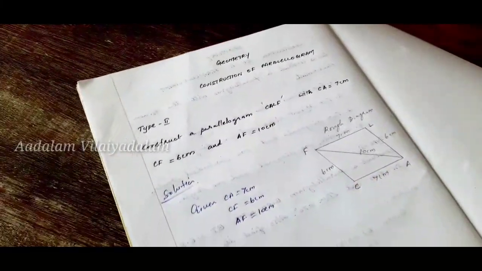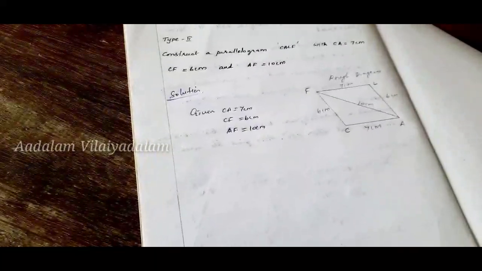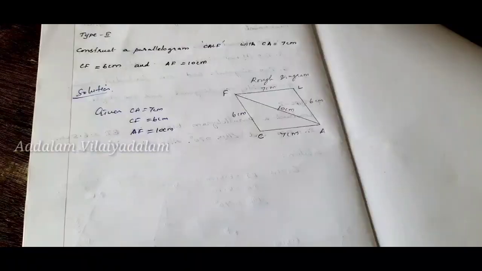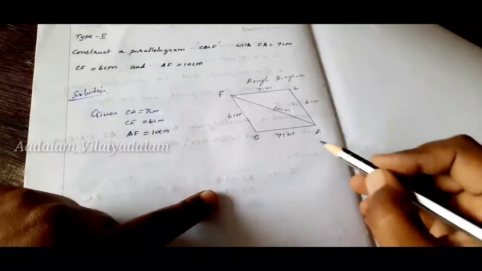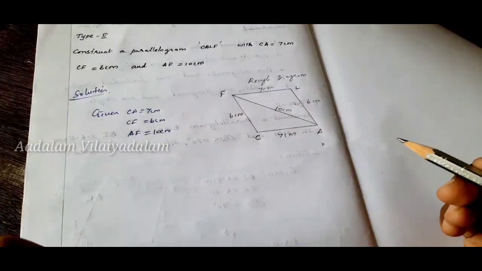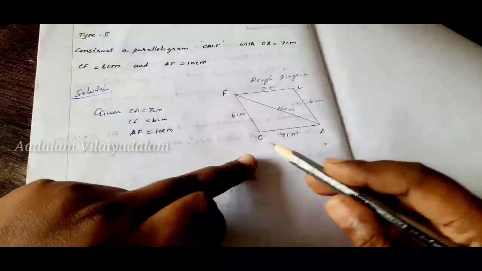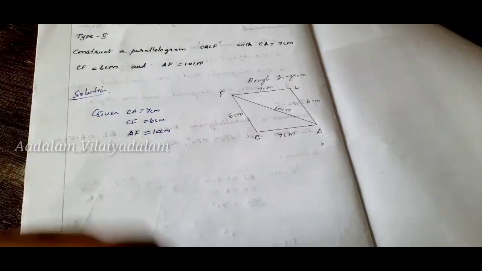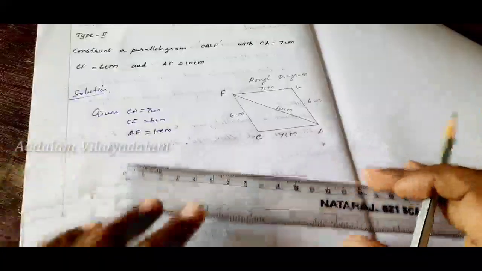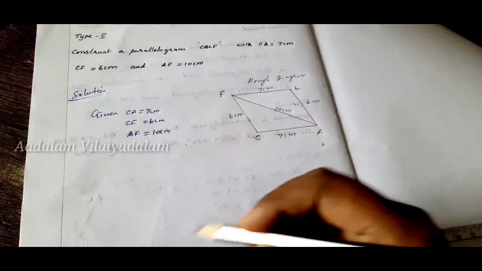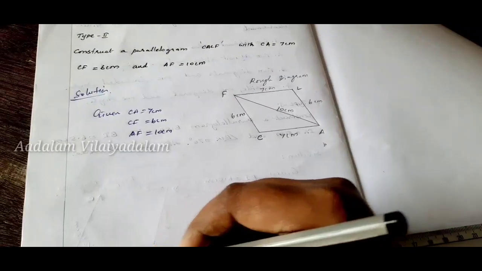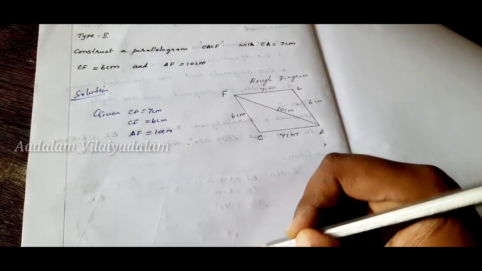Now let's go for the main diagram. Let us draw CA, which is the base of the parallelogram, the line segment of 7 centimeter. So use a ruler and draw the line segment 7 centimeter.